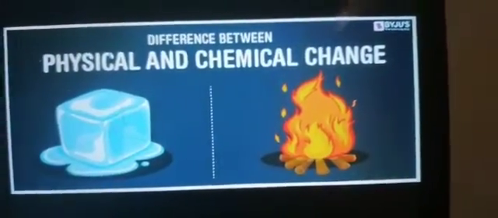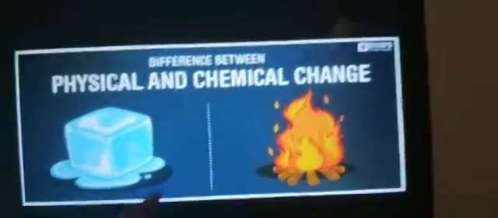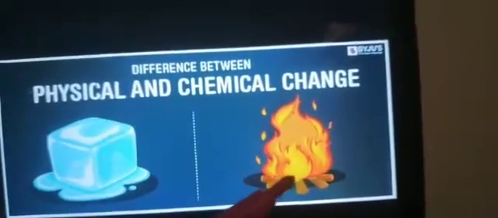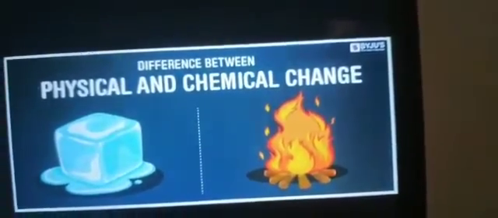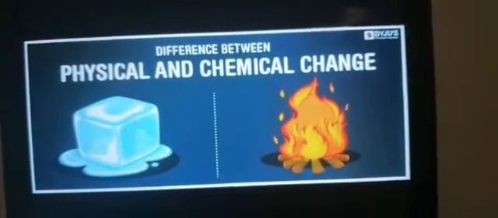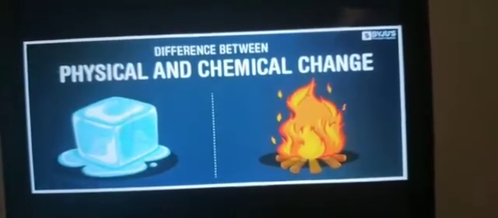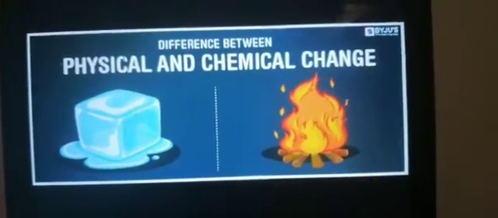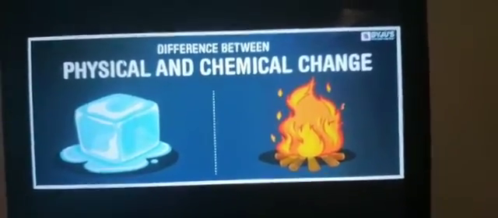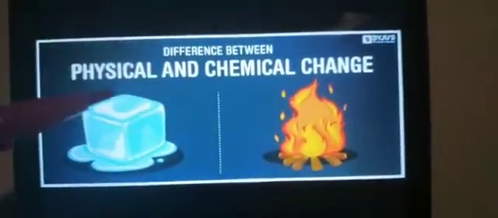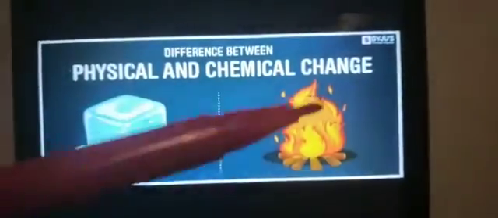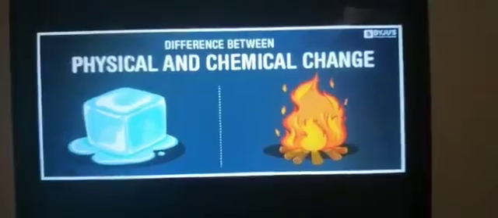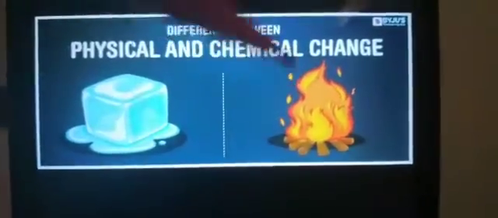Now we'll learn about chemical change. So look at the next picture. The chemical changes are those which result in the formation of completely new substances with different properties. Here there is no chemical change, but here chemical change is taking place and a new substance is forming.